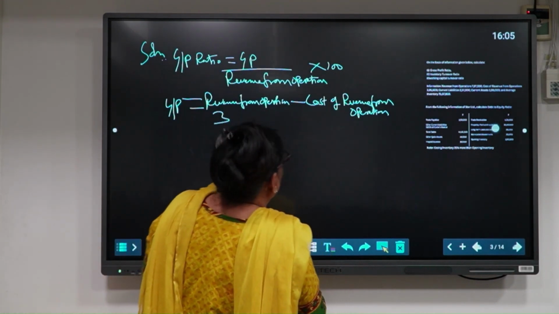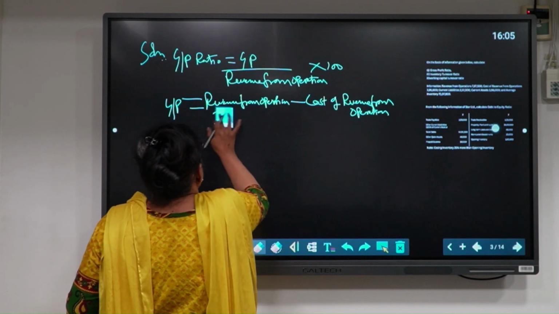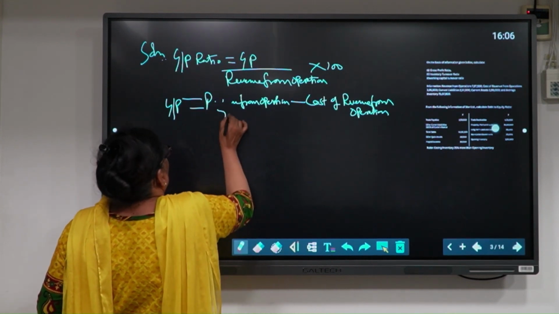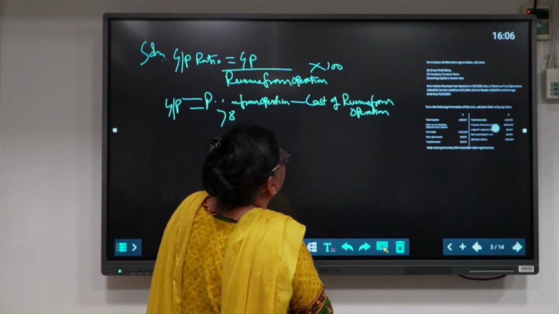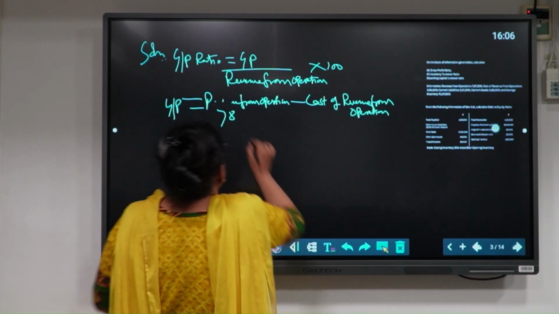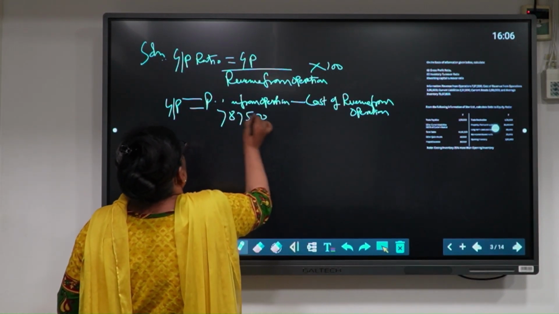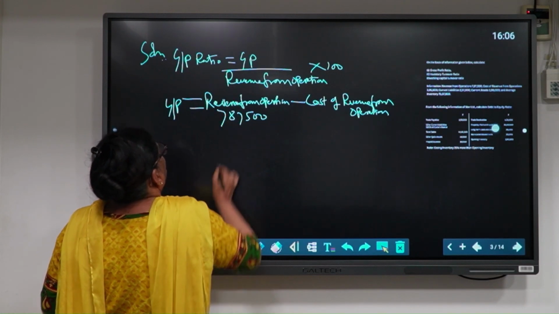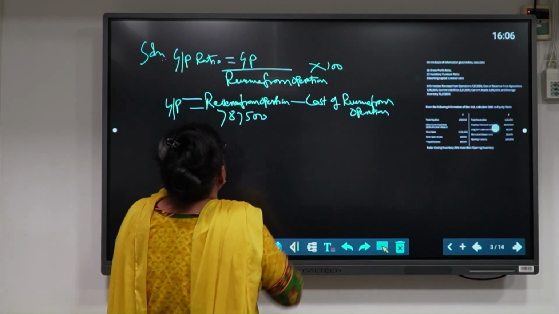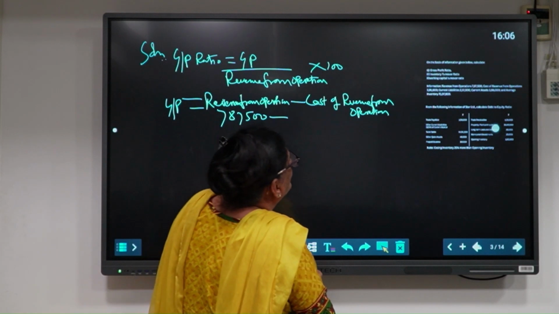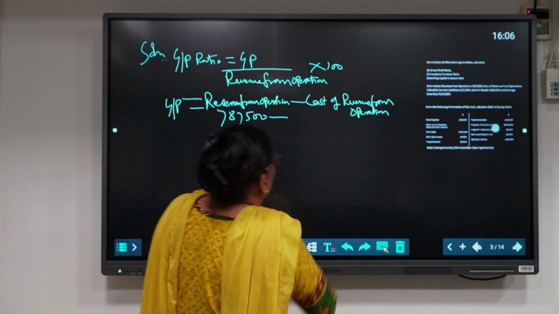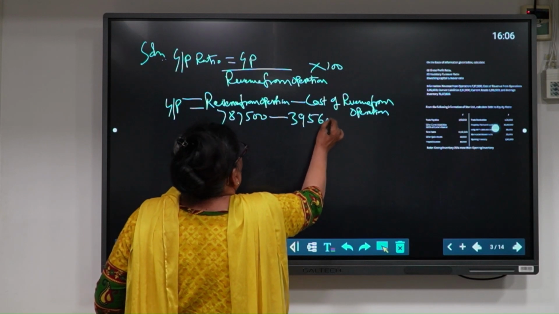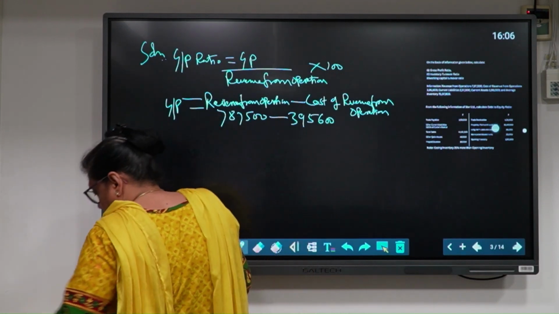Now revenue from operation is 3,95,000. Sorry, 7,87,500 revenue. Revenue from operation 7 lakhs minus cost of revenue from operation is 3,95,600. What is the difference? Just take the difference.